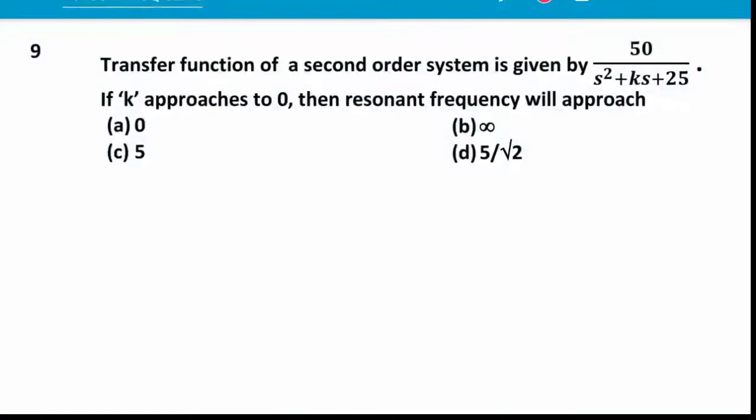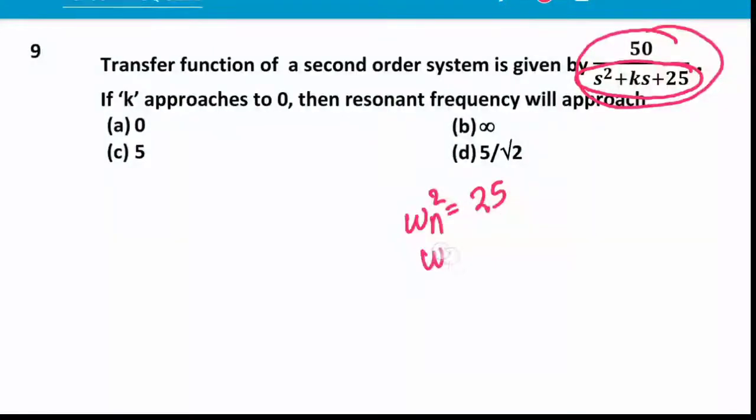So here the characteristic equation is s square plus ks plus 25, and ωn square is 25, so ωn will be equal to 5, and 2 zeta ωn is k.